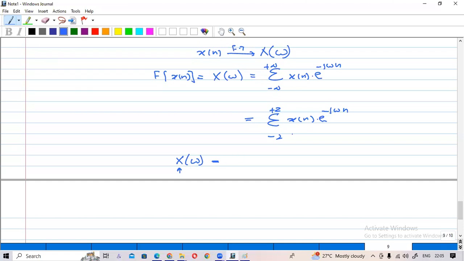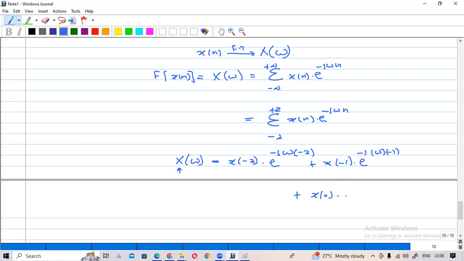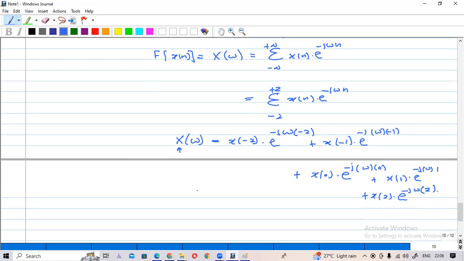X(omega) is equal to, you have to expand this: x[-2] e to the power minus j omega (-2), plus x[-1] e to the power minus j omega (-1), plus x[0] e to the power minus j omega times 0, plus x[1] e to the power minus j omega (1), plus x[2] e to the power minus j omega (2). So this is X(omega), the Fourier transform.